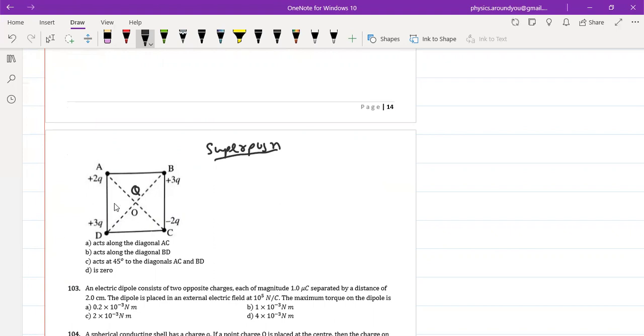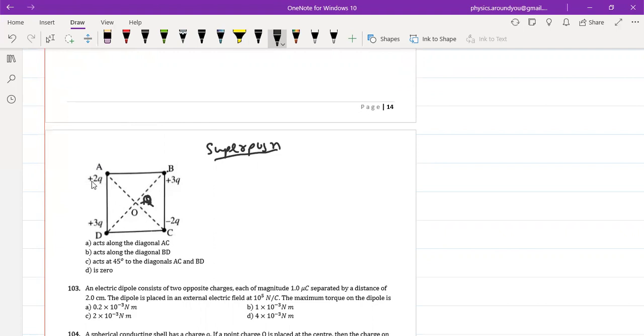Between this Q and this Q, the total force would be pointing this way. Between this 3Q and this Q, the total force will be pointing this way. But since the charges are equal and the distances are also equal, the forces are opposite in direction, so the total force due to plus 3Q and plus 3Q goes away. I only have the force due to minus 2q and plus 2q.